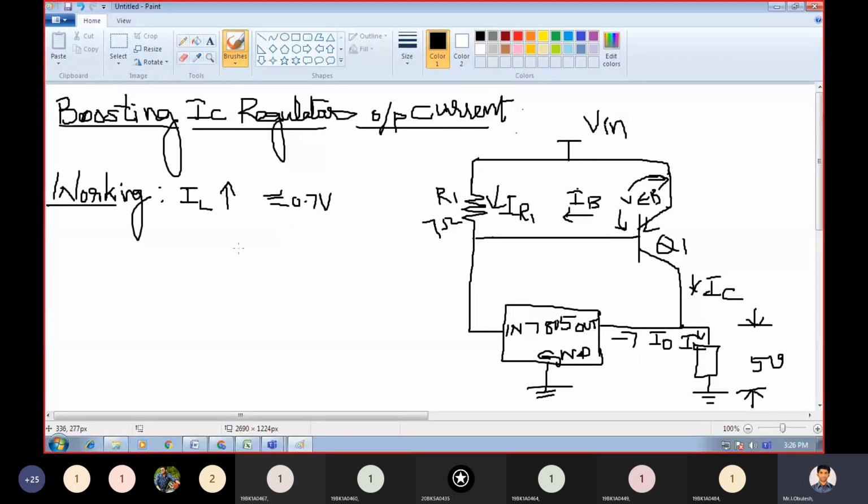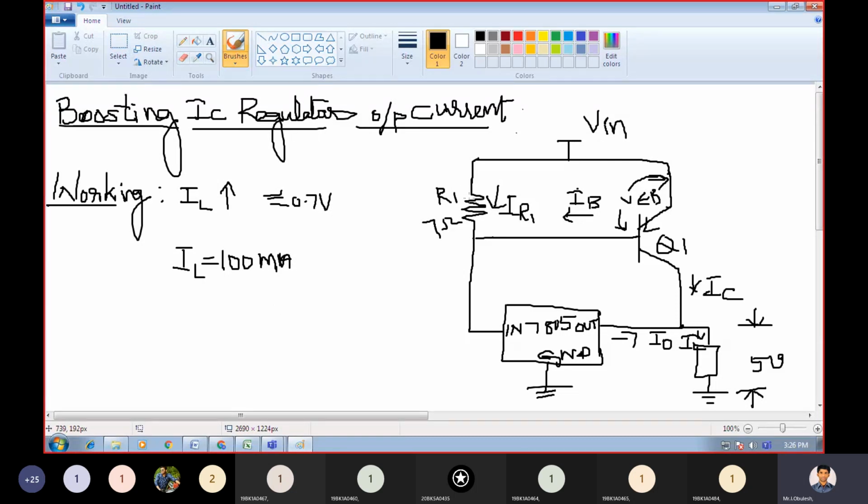If the IL value is equal to 100 milliamps, then what will happen?